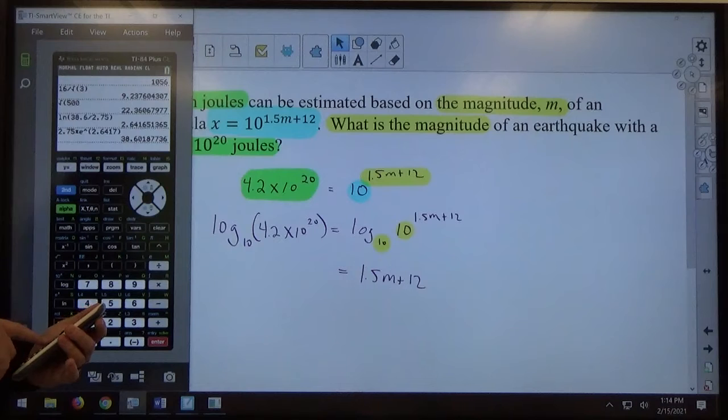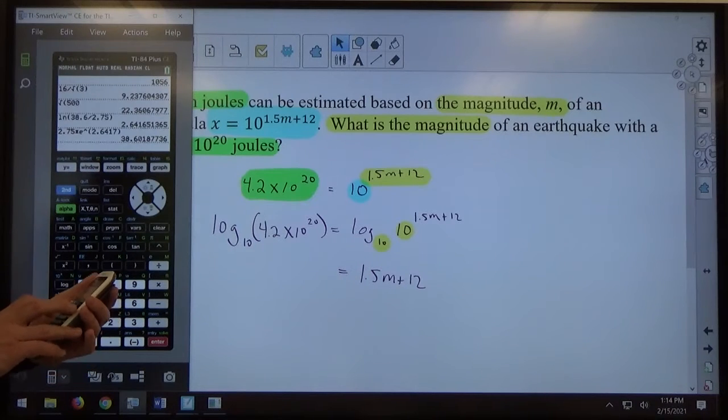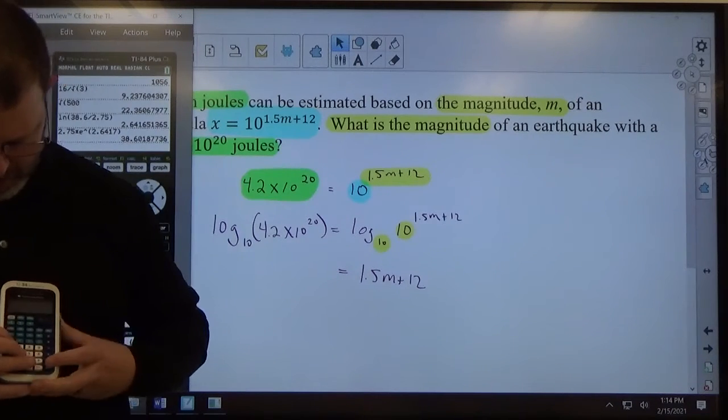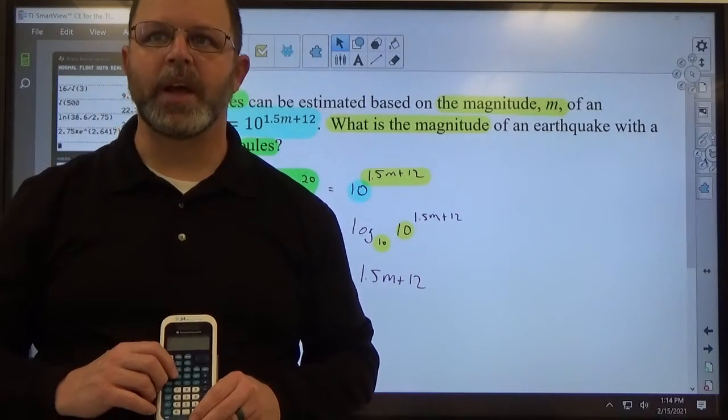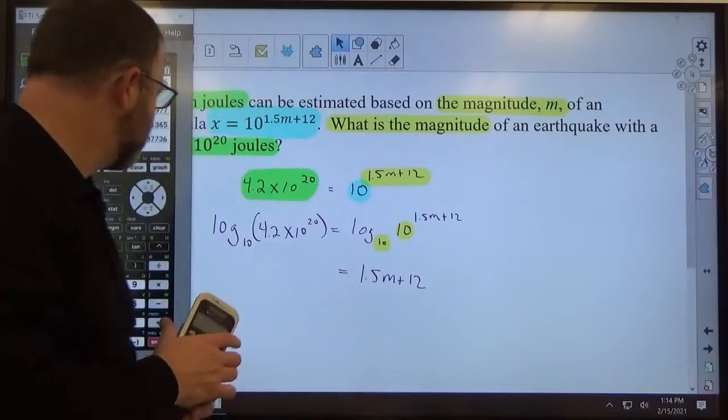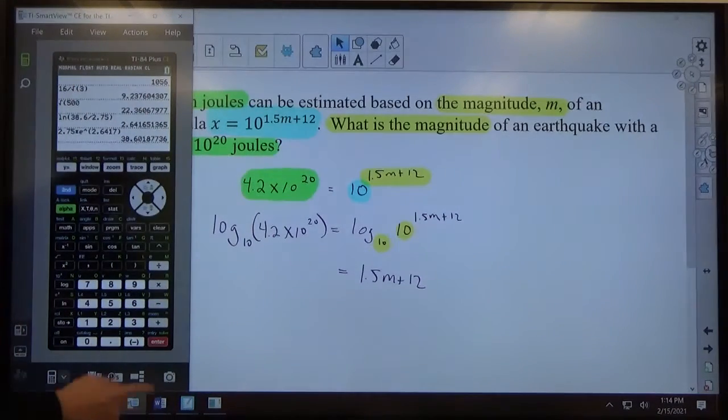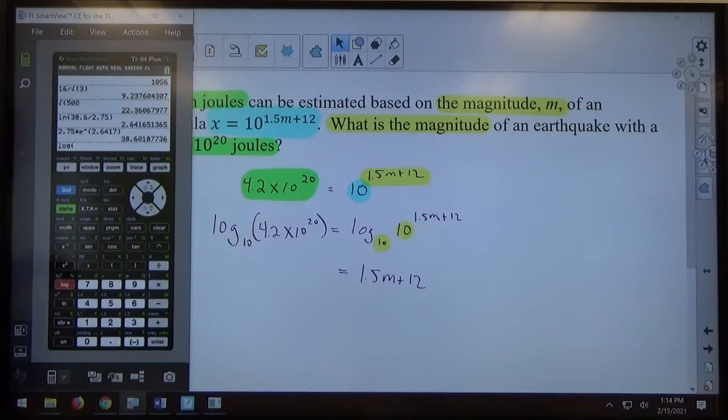Oh, here it is, times 10 to the n, right next to the pi button. Press second, then the pi key, which says times 10 to the n. So I'm going to type in LOG. For your calculator, you punch second PRB and then choose LOG. Then I type in 4.2 times 10 to the 20th power.